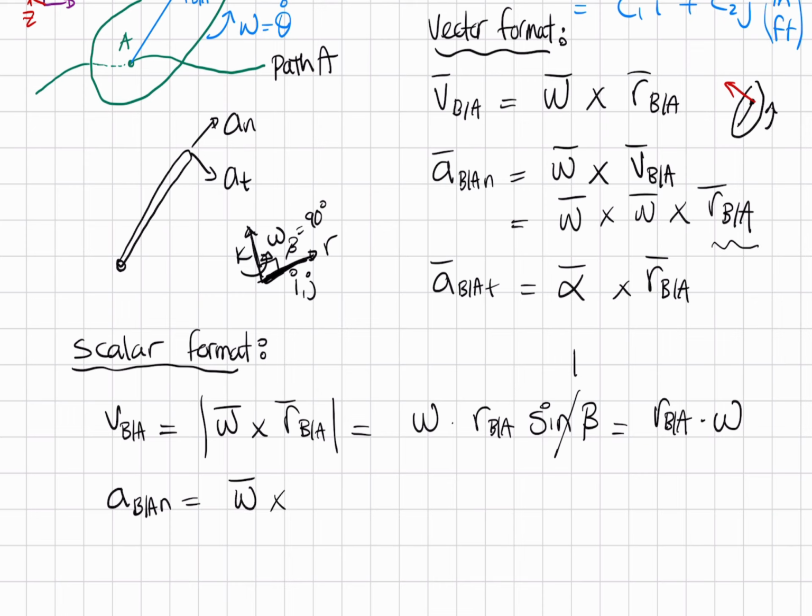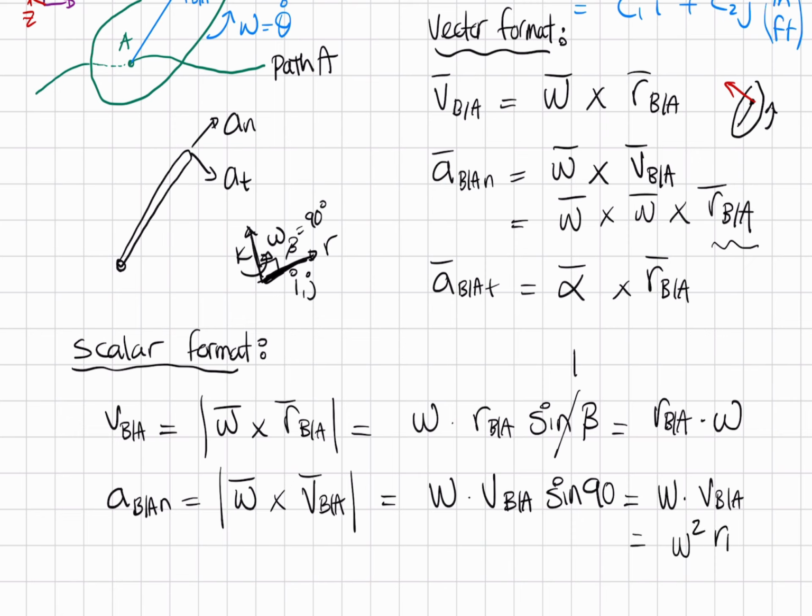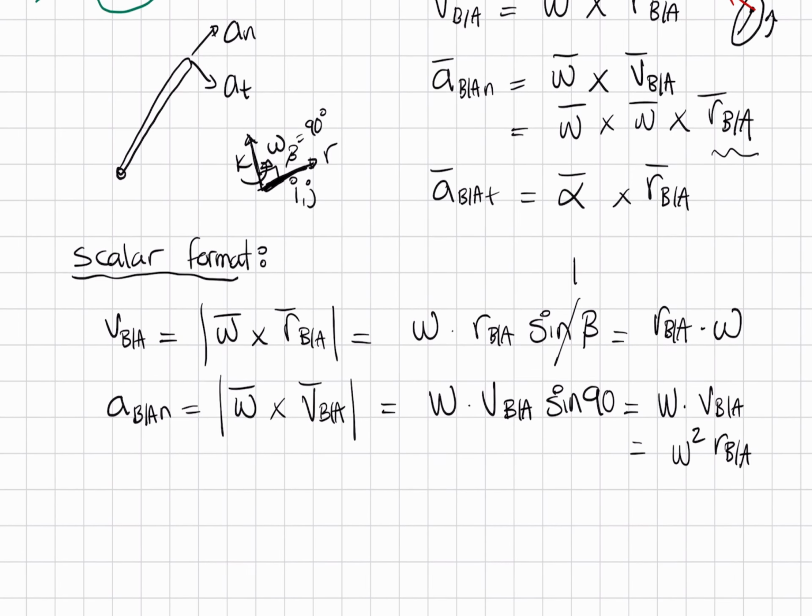We have omega cross VBA. Using the same cross product rule, we have omega times VBA times sine of 90 degrees, which gives us omega VBA. We can plug in the scalar we found earlier, which gives us omega squared RBA.